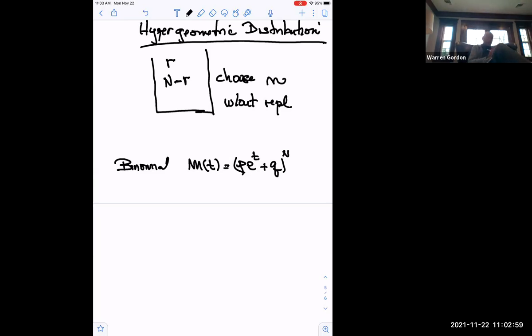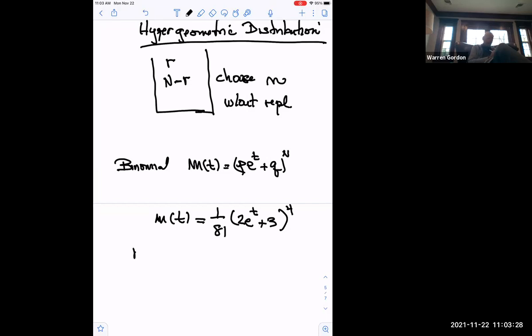So I gave the following problem with that. Suppose m of t is equal to 1 over 81 times (2 e to the t plus 3) to the 4th power.